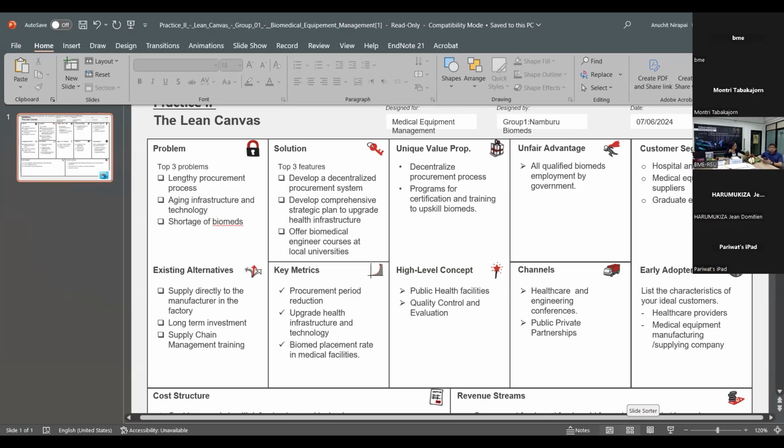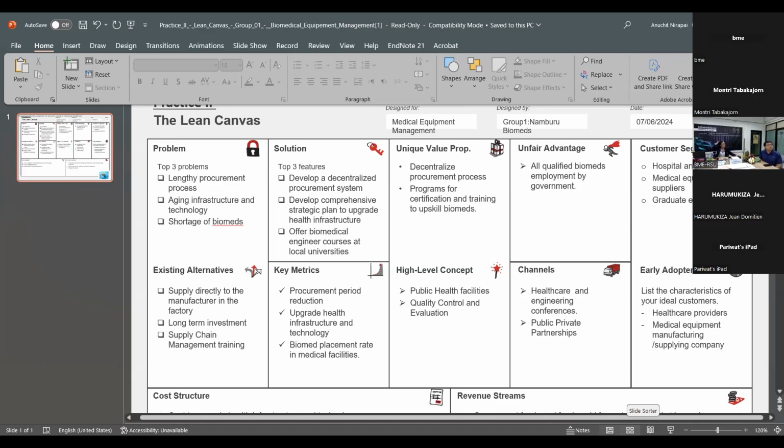There was also the most important thing, which was about the target customer, who are hospitals and clinics, medical equipment suppliers, and also some graduate engineers that are involved during the process of procurement.